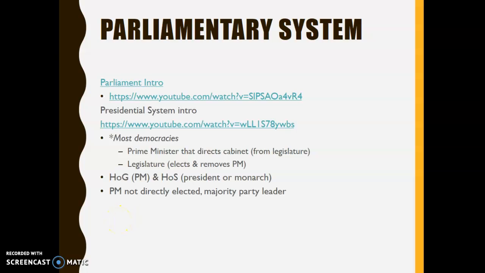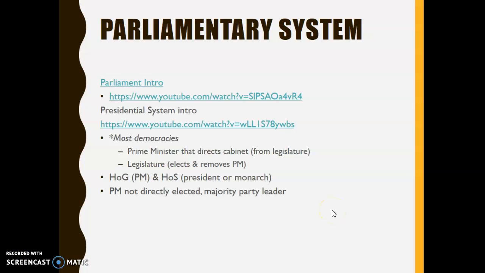So Queen Elizabeth is technically the head of state in Britain, but has no real power. The prime minister is the most powerful member of a parliamentary system, and in some ways is more powerful than a president because he or she is tied directly to the legislature, meaning it's assumed he'll be on the same page as the legislature or the parliament.